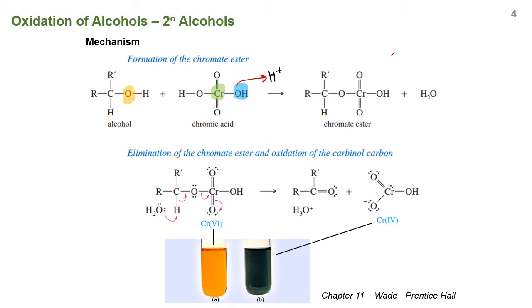Okay, so from here, you can use the lone pair of the alcohol to attack the chromium, kicking out the leaving group. And from here, if you remove the proton, you can form the chromate ester, which now has a good leaving group.